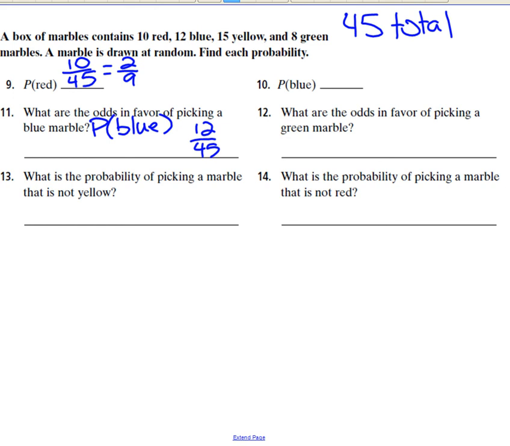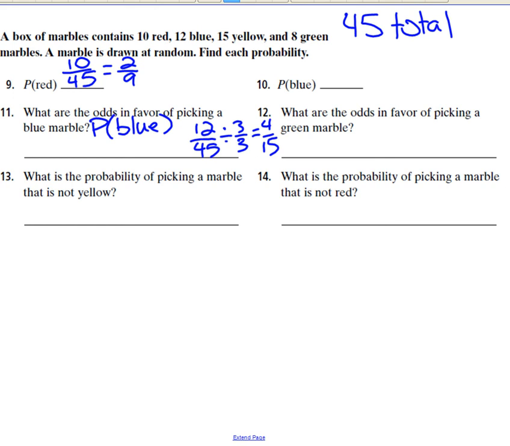That's why we practice until it's your best friend. What's 12 divided by 3? 4. Okay. Can we simplify 4 over 15? No.